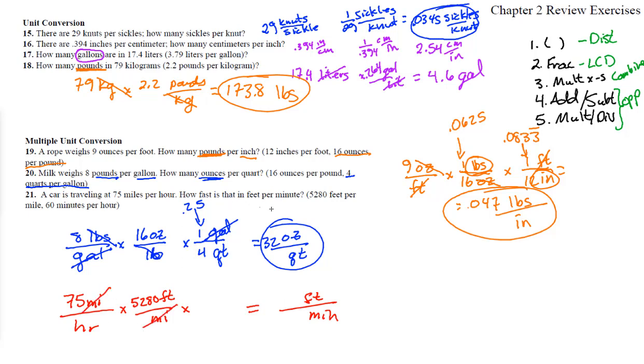Now let's try the next one. There are 60 minutes per hour. Write it down just normal, 60 minutes per hour. If we times these, does the hour go away and leave a minute? It does not. So back up, flip it over, 1/60th, and that is now, it was minutes per hour.